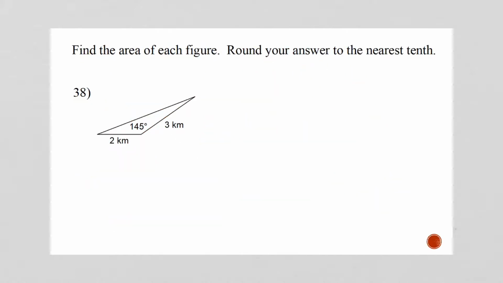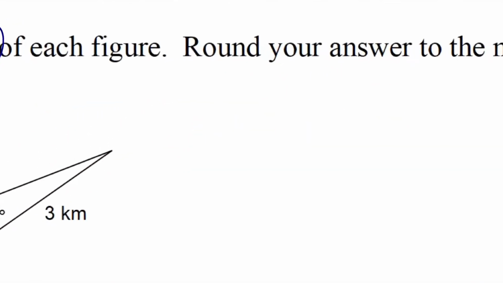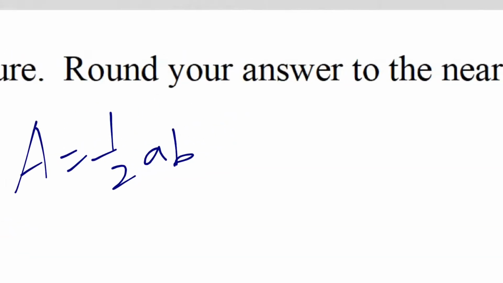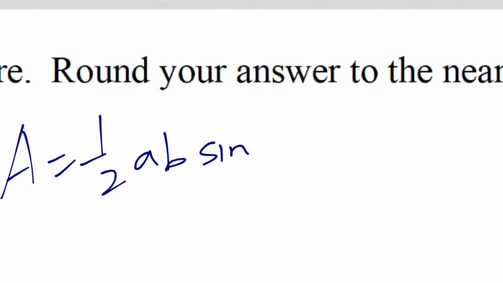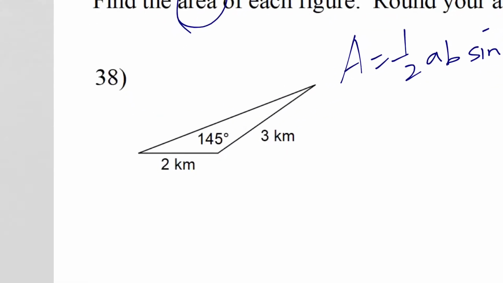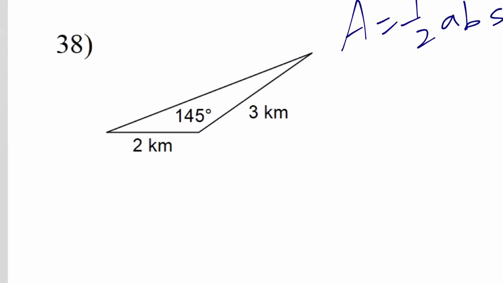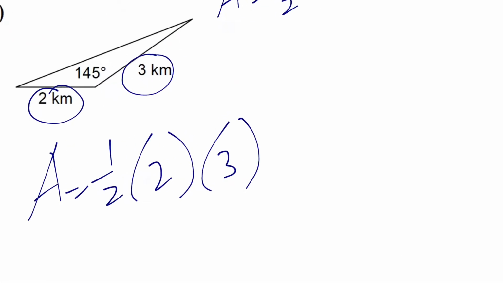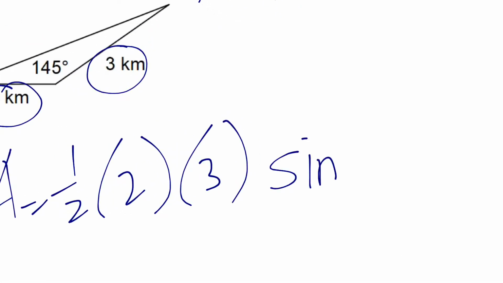Okay, question 38 is asking to find the area. This is the one where you're going to use 1/2 times a little b sine of angle C. But all it is that your sides, you're going to multiply with the half. And then if you remember, it's sine of the angle given.